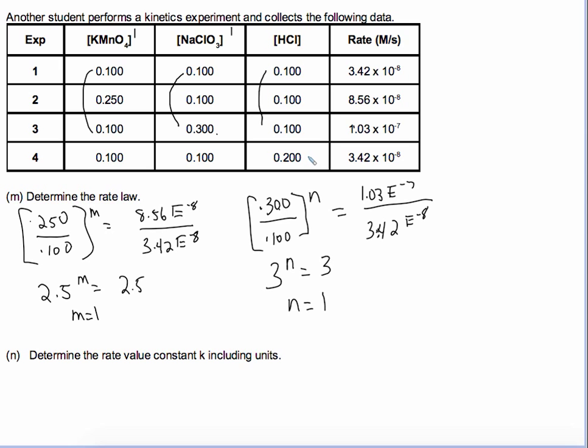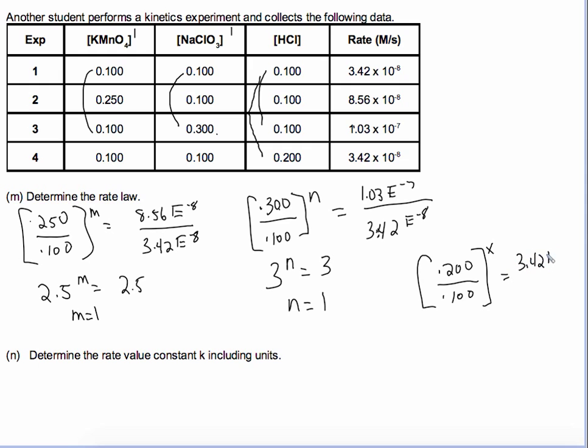Okay, now let's do the HCl. So we got to find where the HCl is changing, but the other two are not. So I'm probably going to do trial 4 and trial 1, because if you notice on trial 4 and 1, these two are staying constant. Okay, so I got 0.200 over 0.100, and let's just call it x.